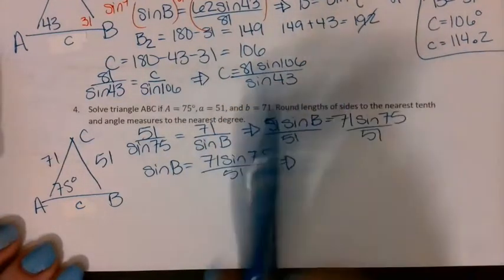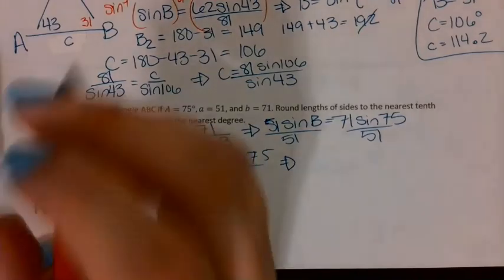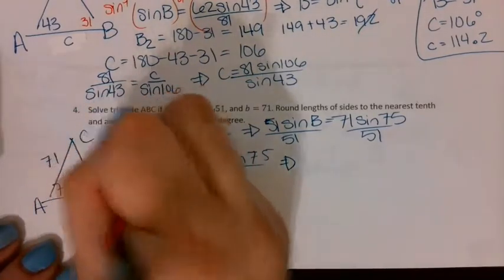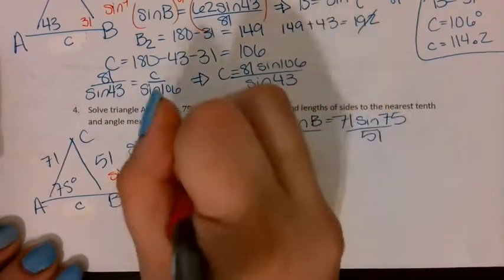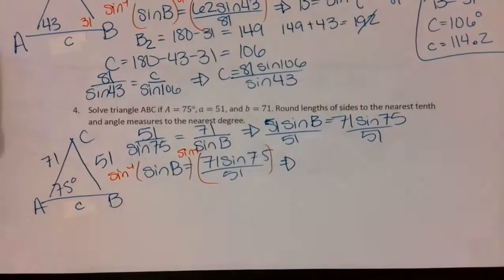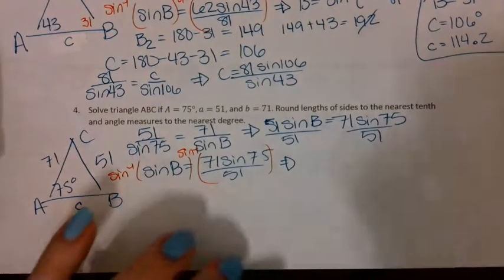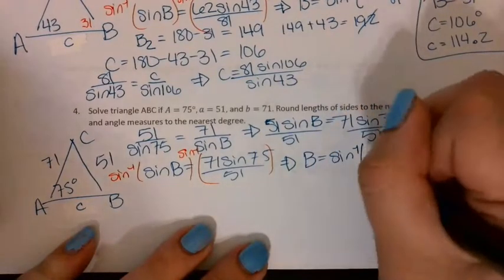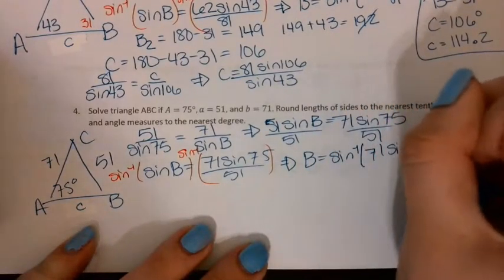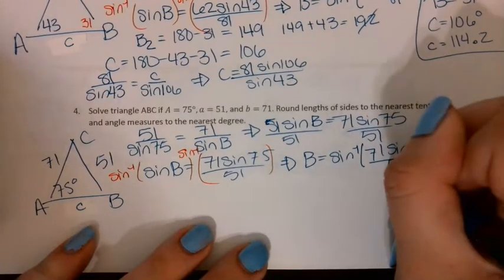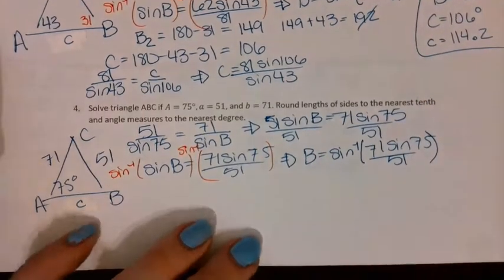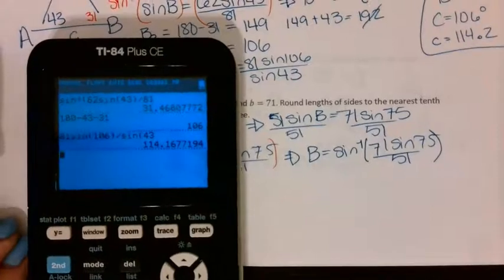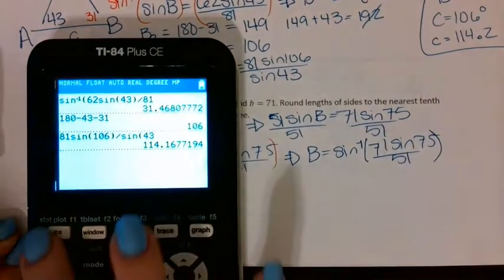I want to find my sine inverse of this. And then I'm going to rewrite it out. So I have b equals the sine inverse of 71 sine 75 over 51. And then I'm going to type that into my calculator. So sine inverse.